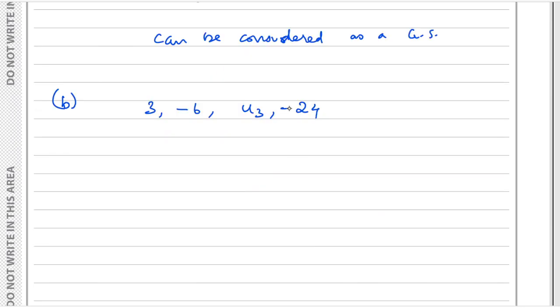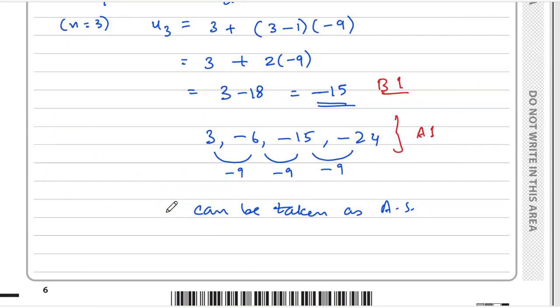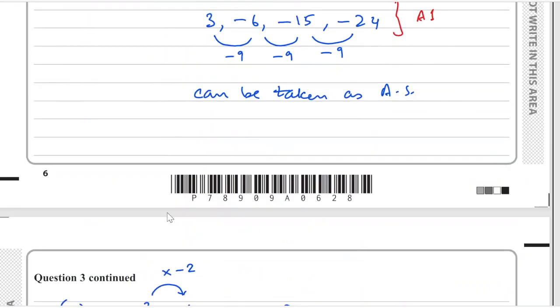Let me go through what a periodic sequence is again. U1 is 3, U2 is minus 6, U3 is unknown, U4 is negative 24. Now U5, U6, U7, U8 will have the same values again, and so on. We are given that the sum of U of i, for i from 1 to 50, is equal to 141.